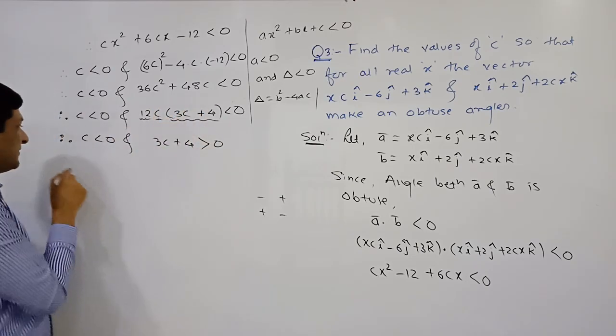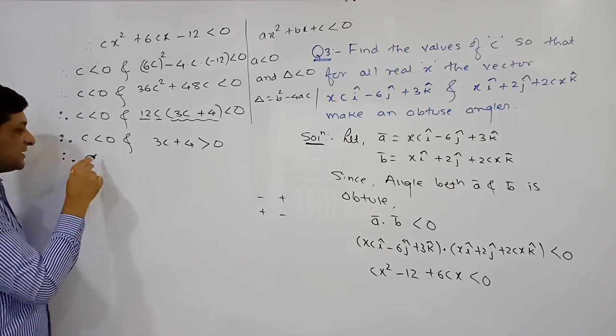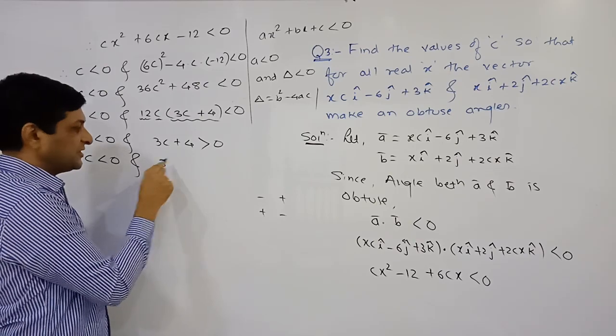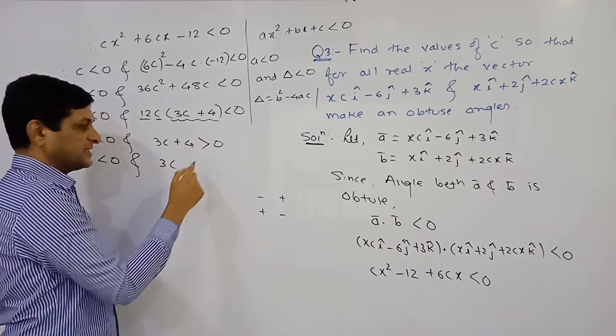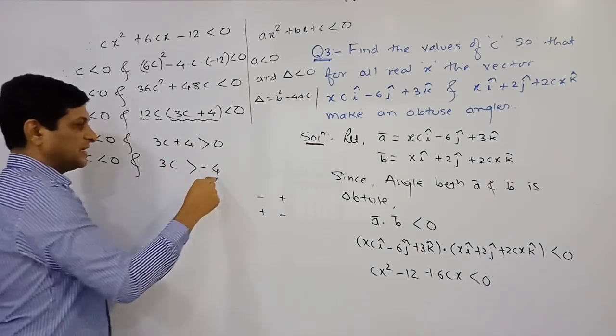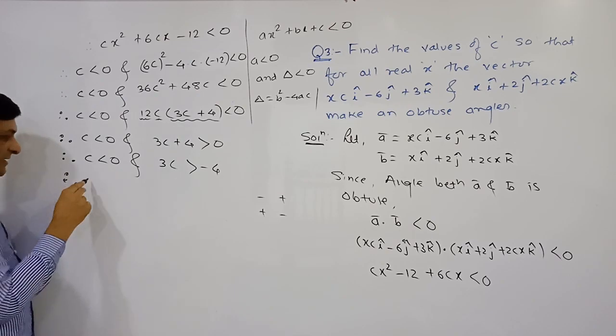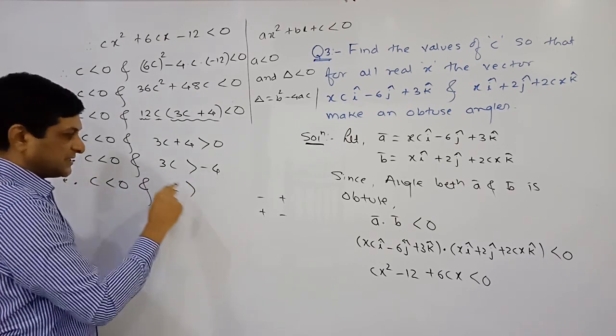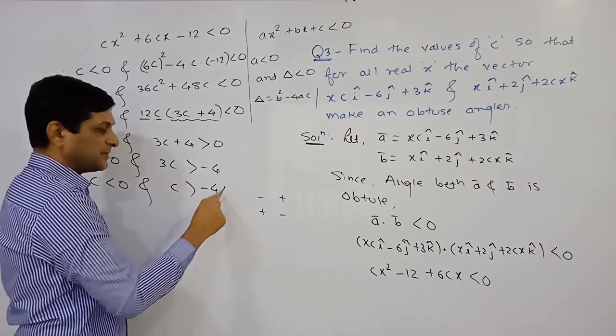So now let us simplify it. Therefore c is less than 0, keep it as it is. Simplifying, 3c plus 4 greater than 0: 4 on this side will become minus 4. So c is less than 0 and 3c is greater than minus 4. Take 3 on this side: it is multiplied, so on this side it gets divided.